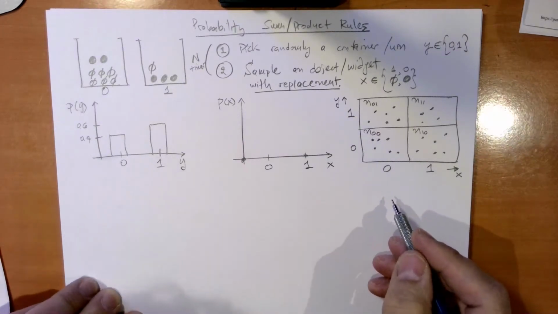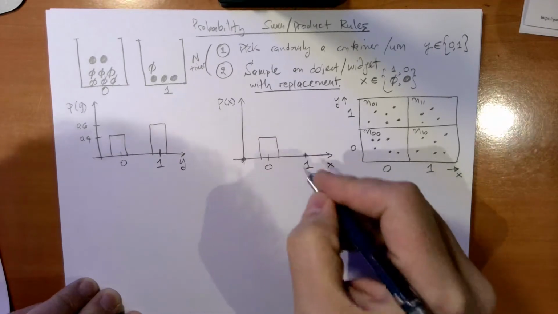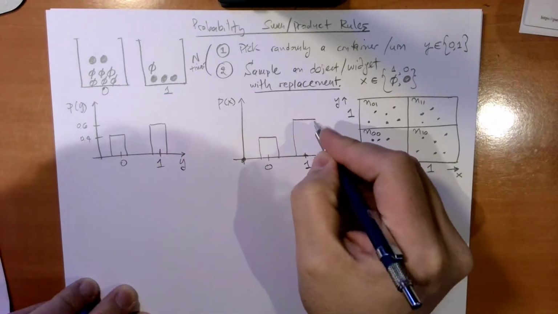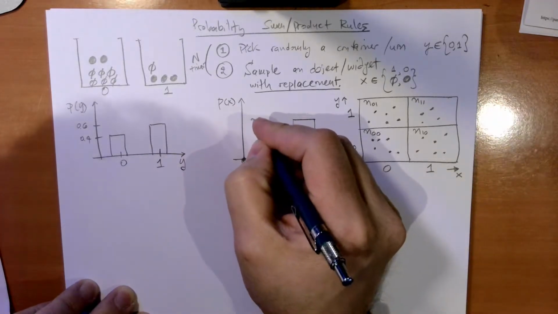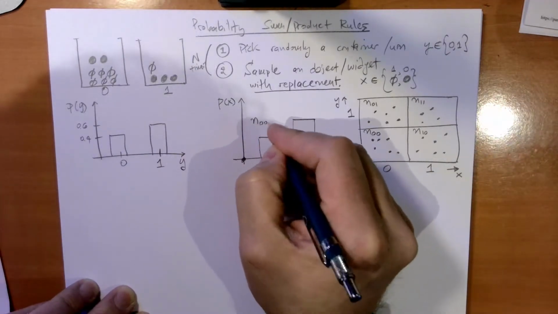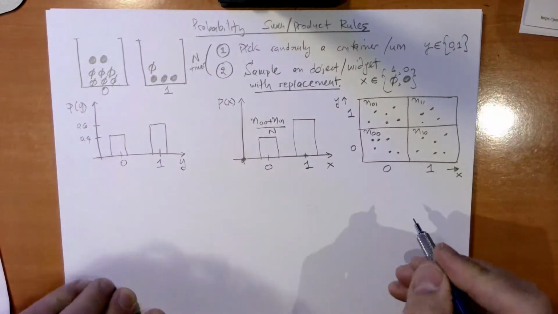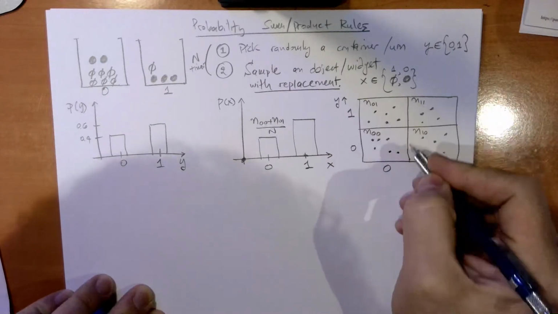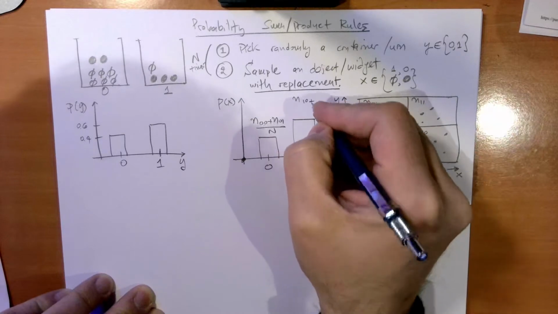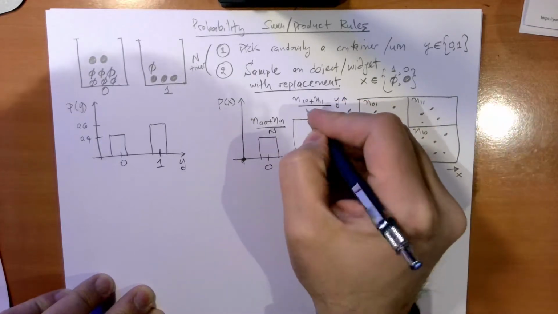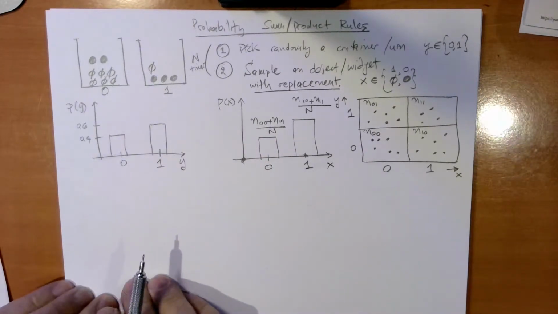I have not counted the events here, but I just want to write down the expressions: n0,0 plus n0,1 divided by n. And the probability that x is equal to 1 is this area over here, n1,0 plus n1,1 divided by n, where capital N is the number of times that we have executed this experiment over and over again.